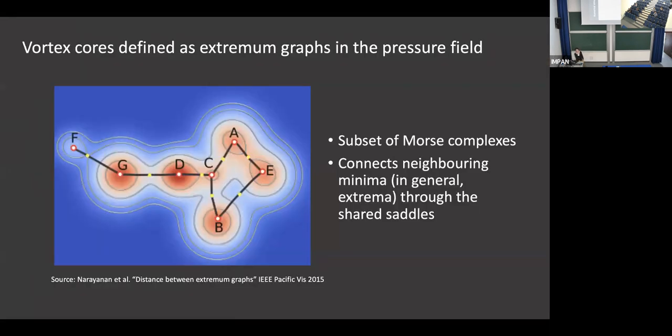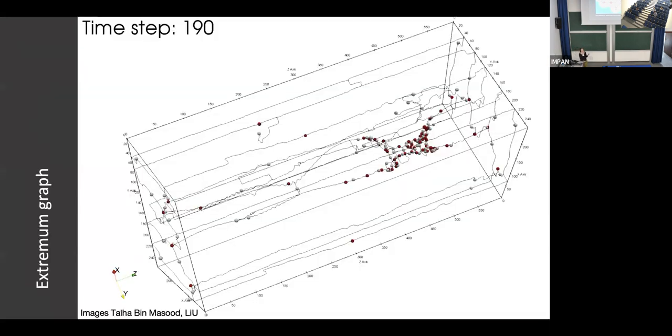So what we now use to describe our vortices, at least in visualization we call extremal structures. This is a subset of the Morse complex where we connect our minima in the pressure field always via saddle points with each other. And these nicely represent the cores of a vortex.